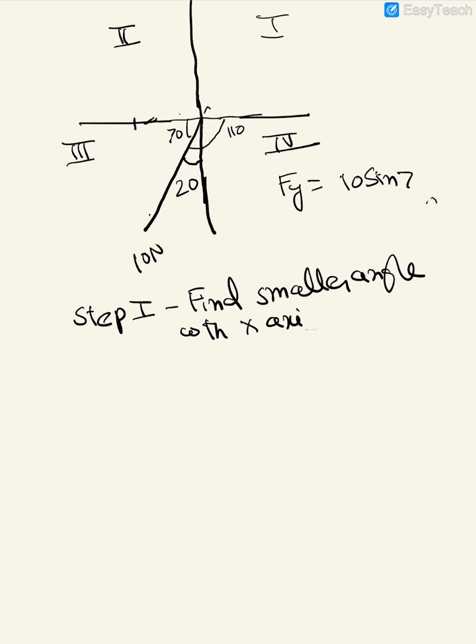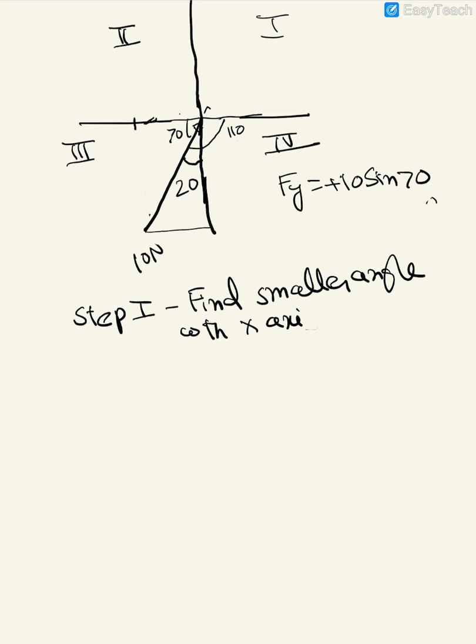Then sine of 70. Whether to give a sign to 10 sine 70 depends upon the force. If the force is acting towards the origin, which means you are resolving along the axis like this, it is going to be upward, so it is going to be plus.